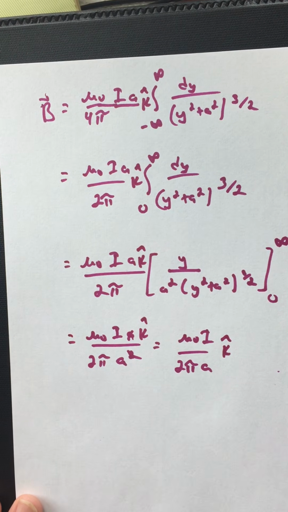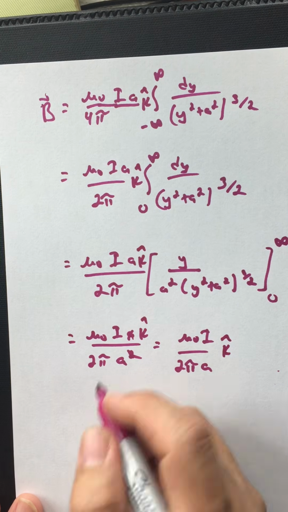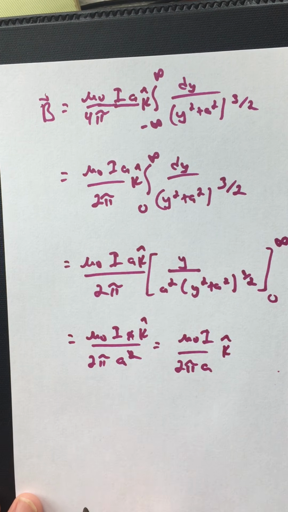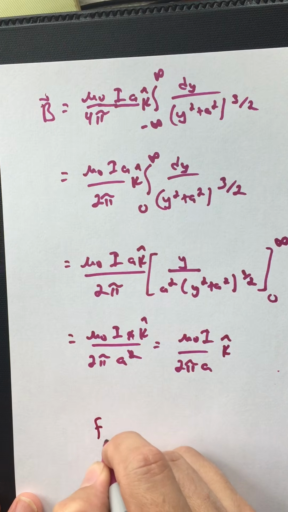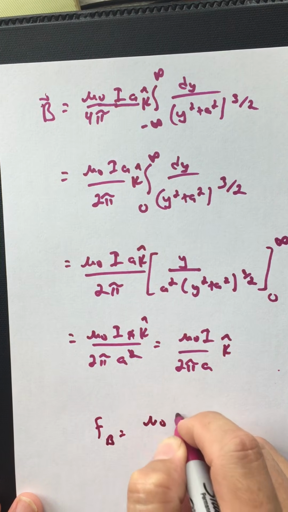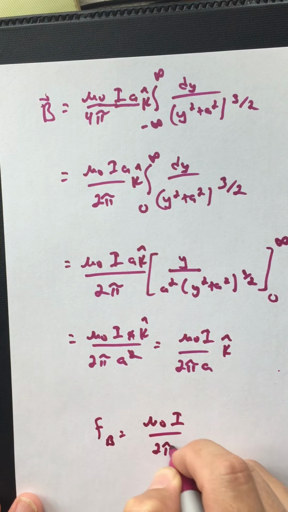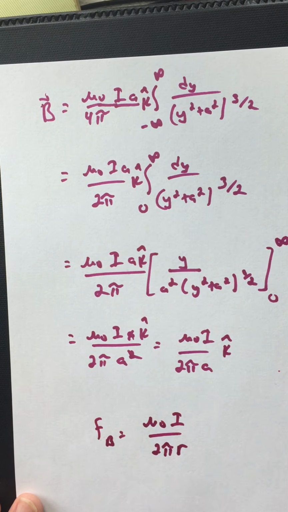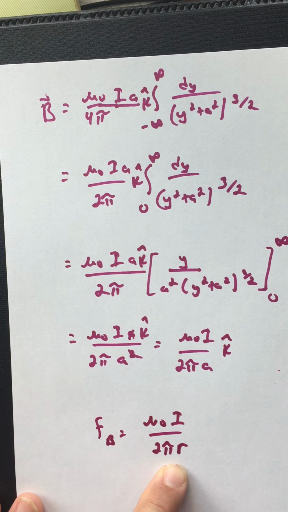If you compare that with the formula sheet for the magnetic field due to a long straight wire, what you get is mu naught I over 2 pi r, where r is the distance from the wire to the source.